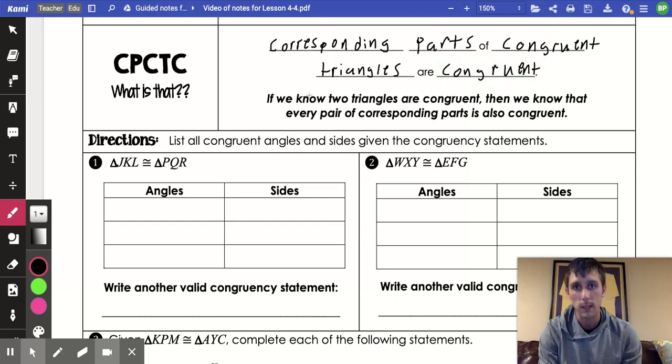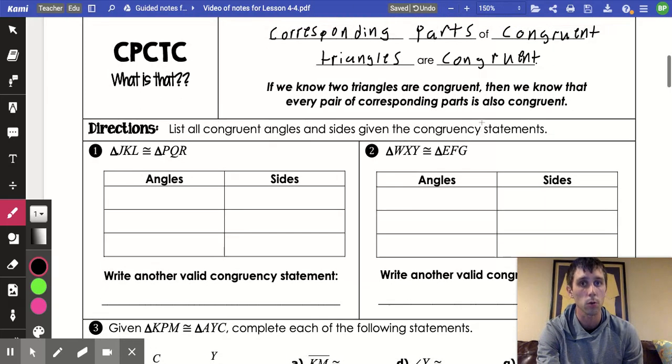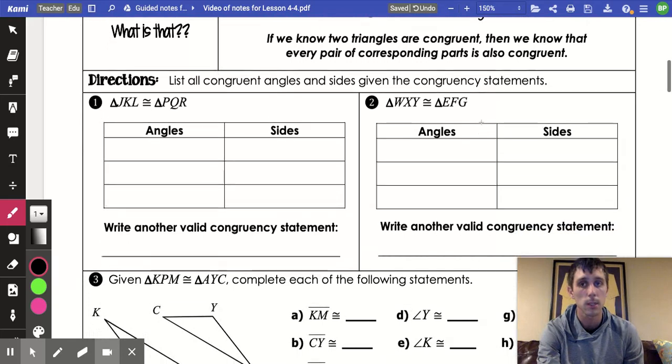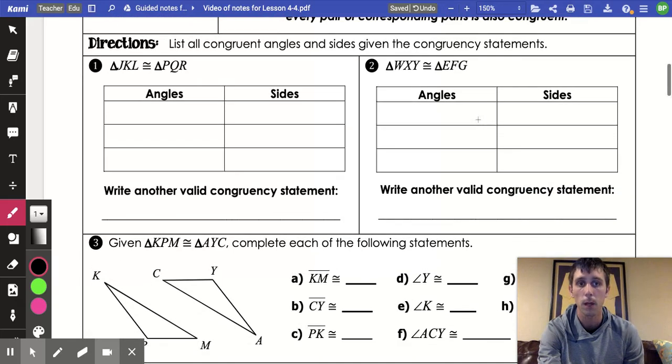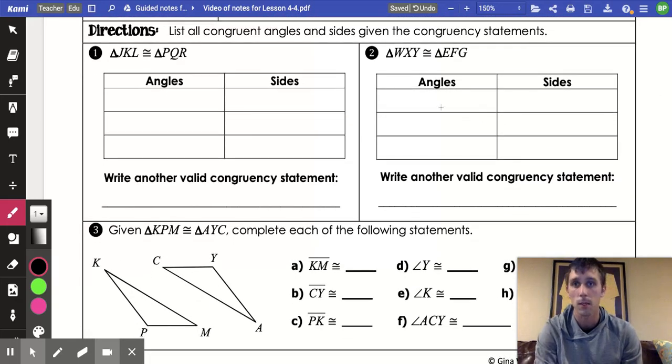So all that says is if we know two triangles are congruent, then we know that every pair of corresponding parts is also congruent, all right? So CPCTC, something you'll be hearing about a lot here in the next coming lessons.